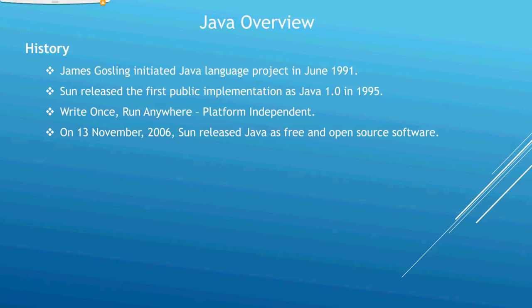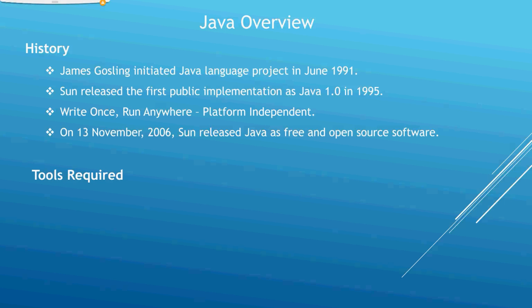Most of the source code, nearly every line, is available to the public. They don't keep anything secret, and anybody can use it as free software. You don't need to pay any licensing cost to use Java.